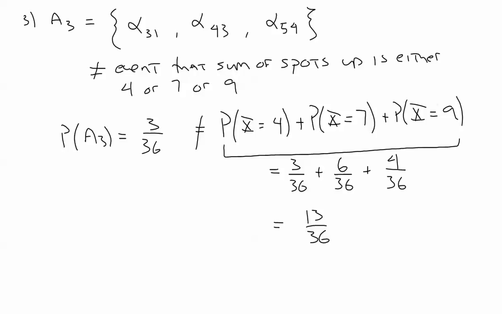Clearly 13/36 is not equal to 3/36. So what I'm getting at here is that this particular random variable assignment, being that we add the total number of spots up, did not help us in this case for finding the probability of event A3. It helped us in the other 2 pieces, but it didn't help us here.